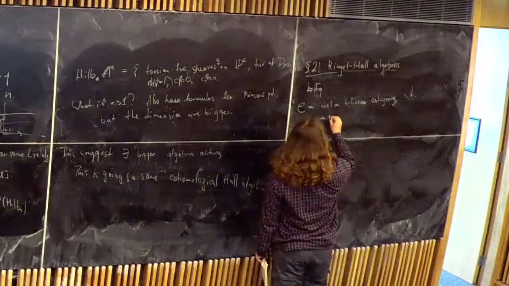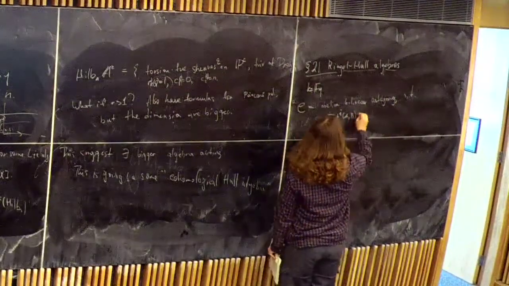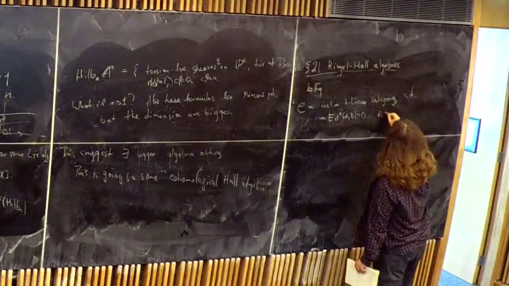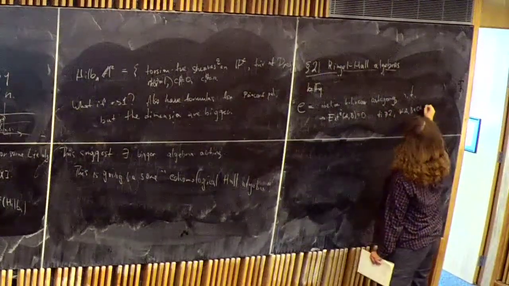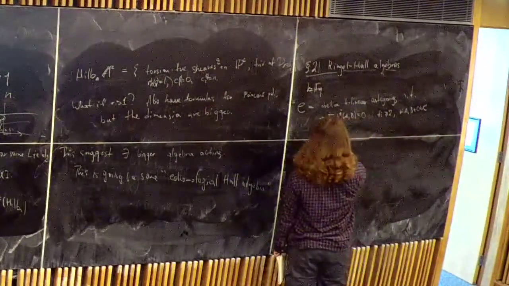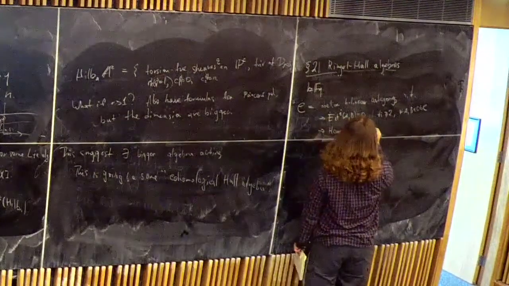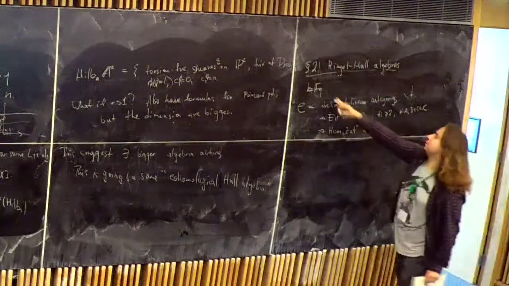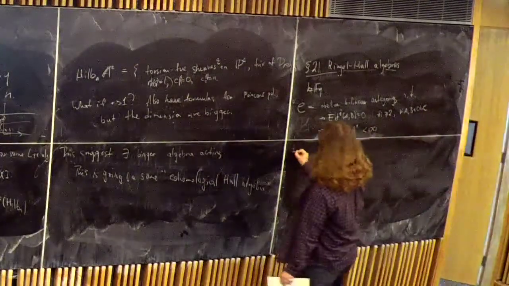First of all, for any two objects, I ask that all the higher extensions vanish, and then I ask that Homs and first Exts are all finite, which means that the dimension is finite since we're working over a finite field.